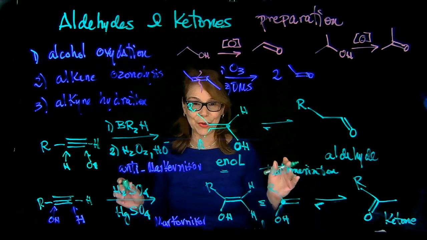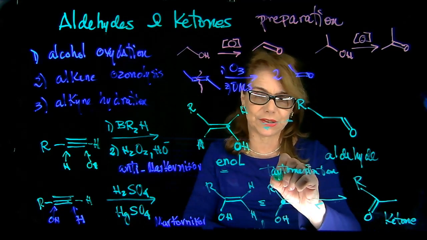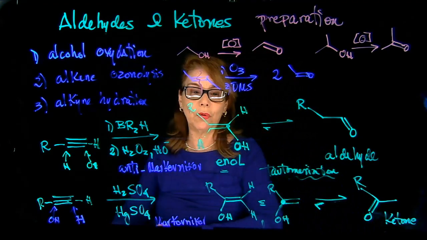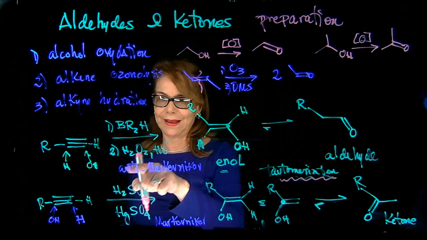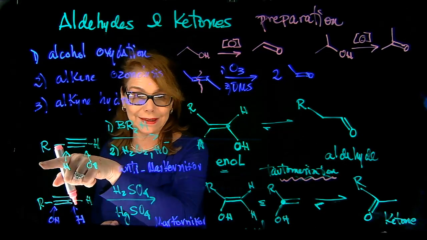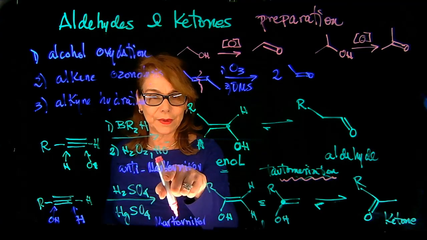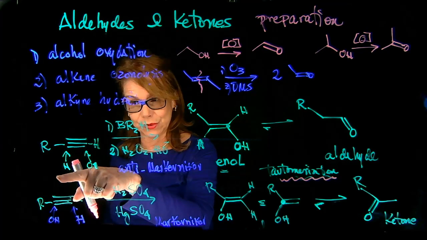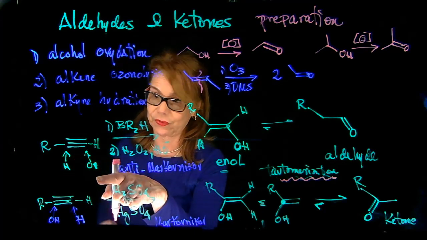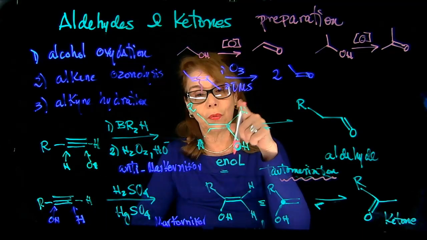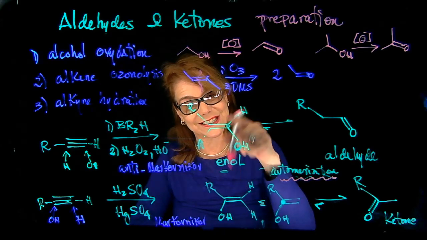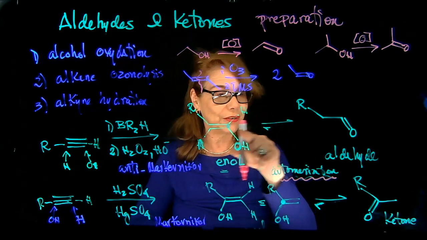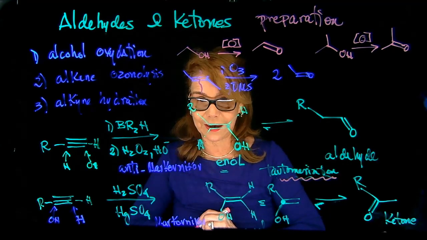Not drawing the mechanism of tautomerization, but again, what we need to remember when predicting the product is: terminal alkyne, anti-Markovnikov, you put the H at the more substituted, the OH at the least substituted. Draw the enol, and once you draw it, all you need to figure out is that the oxygen is at the terminal carbon. So in the tautomer, you will have an aldehyde.